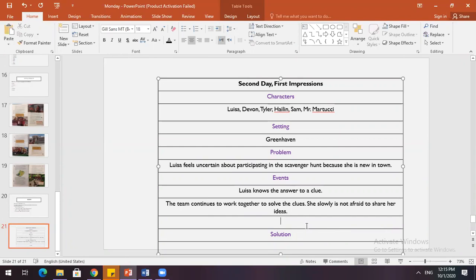What else happened? Okay, so they start to progress in the scavenger hunt. What happens at the end of the story? What happens with the red team?